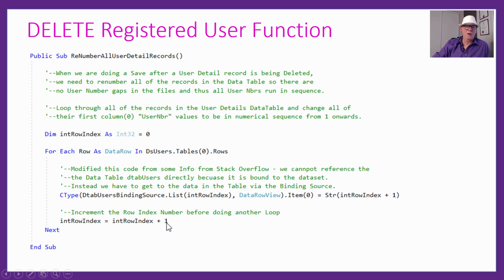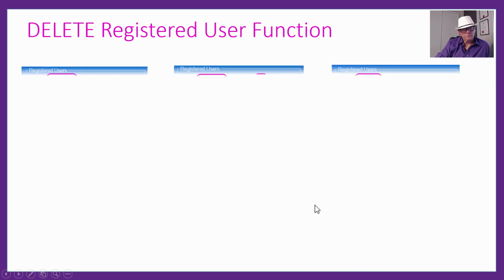And then we need to go on and count up to record 2, go back round, set that first field in that next row, which is going to be for record 2, set that up to be record number 2, and so on until it gets to the end of our data table. So yeah, a little loop here to go through and just renumber the records that are left in the data table after the delete and get them all in numerical order.